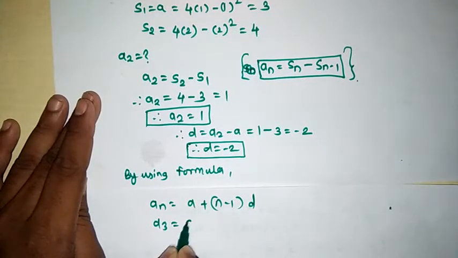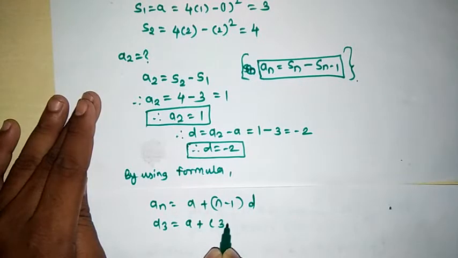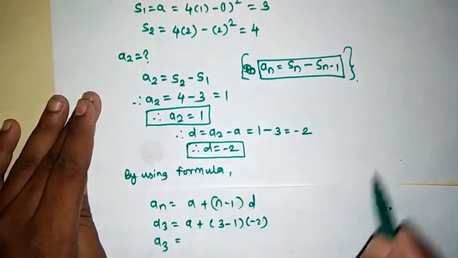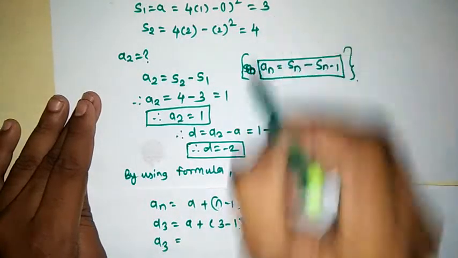That is a3 is equal to the first term plus, instead of n we have to write 3, minus 1 into d. What is d here? D is minus 2. Put the value of d is equal to minus 2. Now the third term is equal to the first term. What is the value of the first term? That is a, a is equal to 3 we got here.